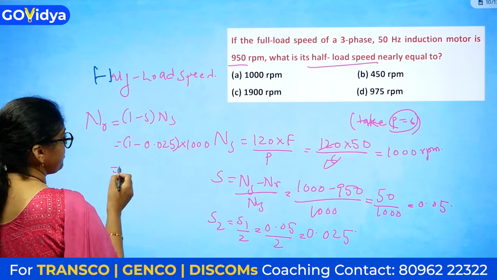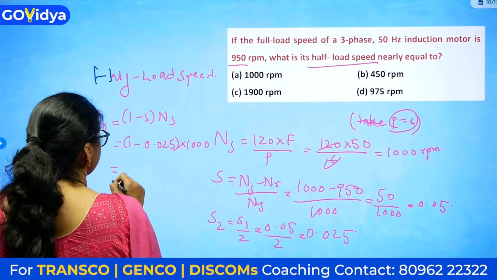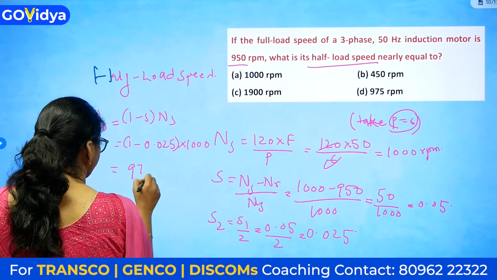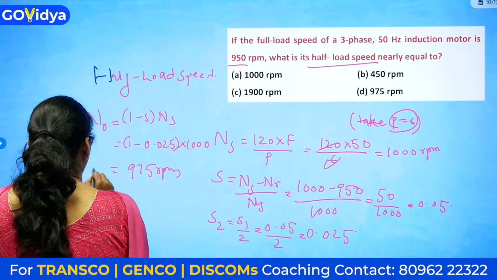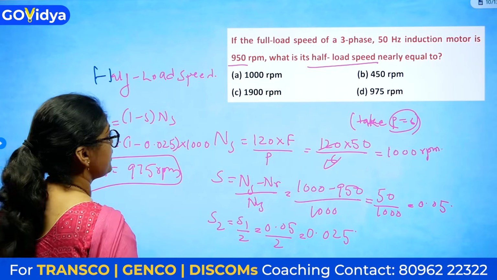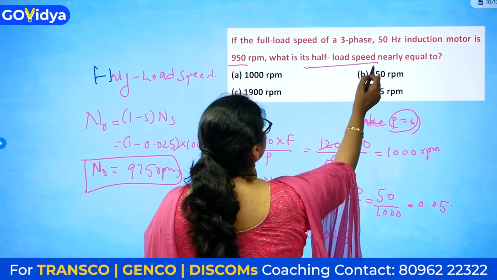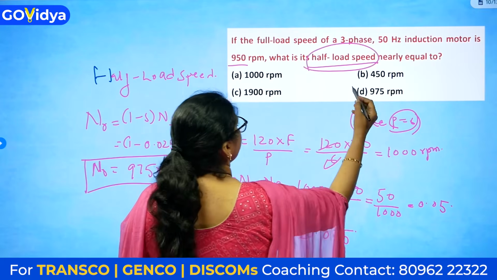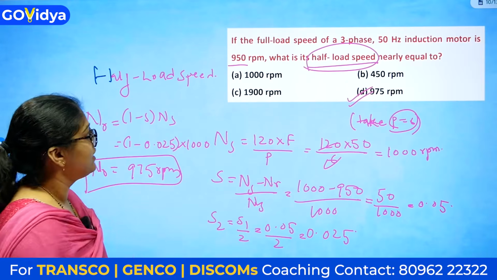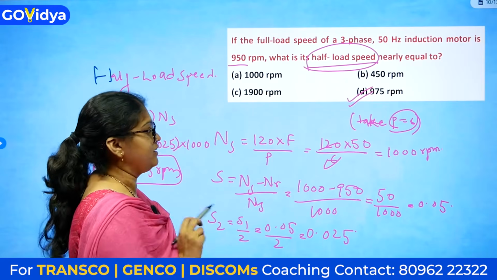You will get around 975 rpm. NR is equal to 975 rpm. So that is the calculated half load speed. Clear? In the half load condition, if you observe, the speed will increase, it will not decrease.